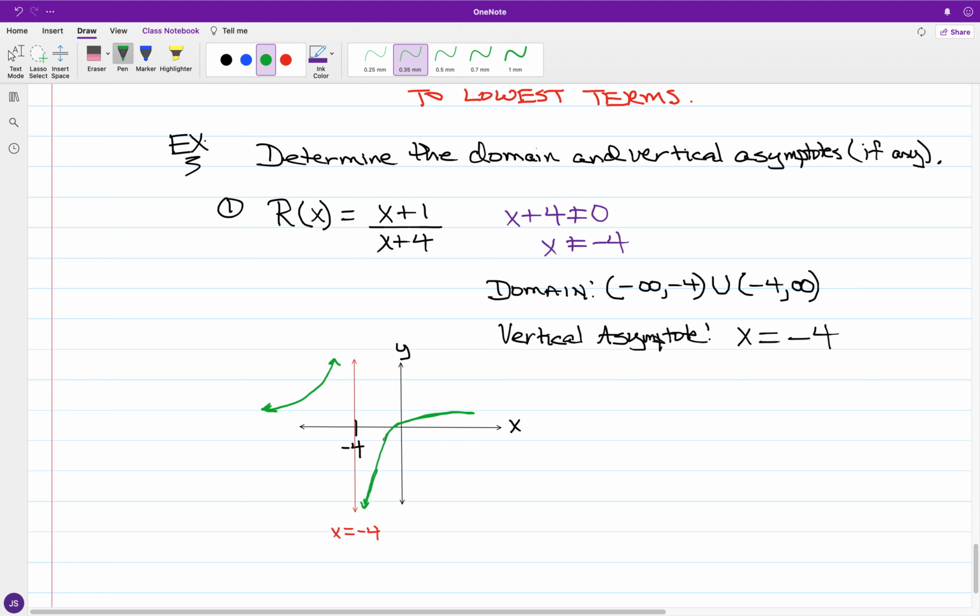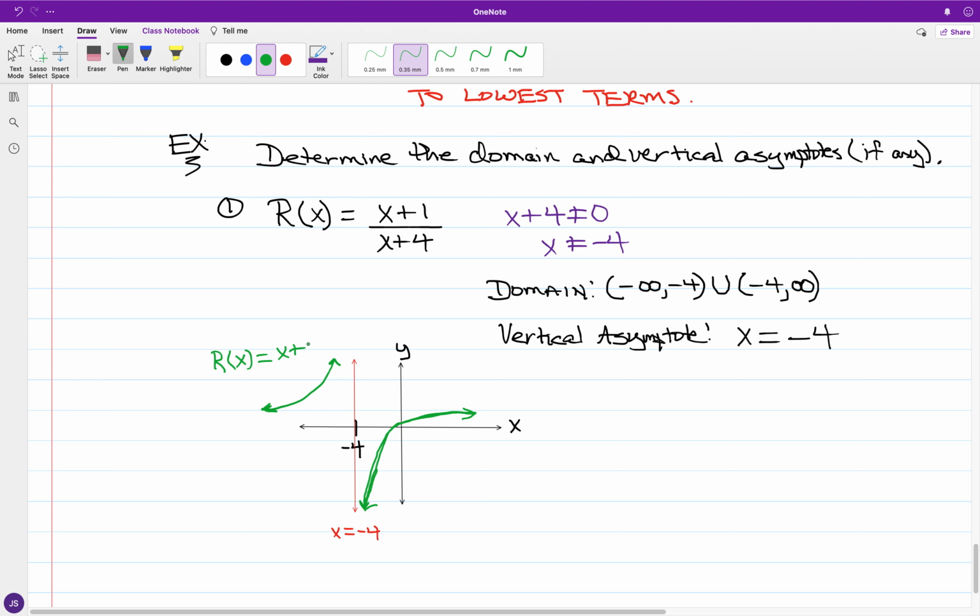Again, I'm not drawing this according to scale by any stretch, but for r of x equal to x plus 1 over x plus 4, you're going to have those areas split up into sections.